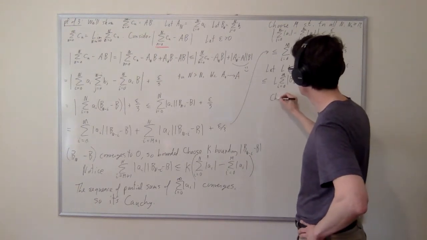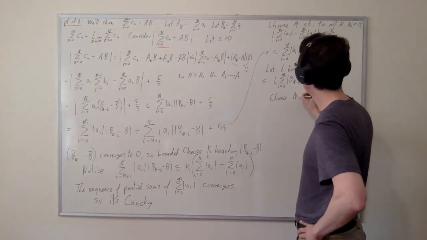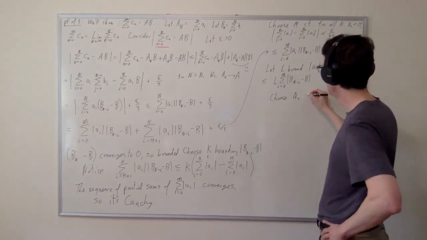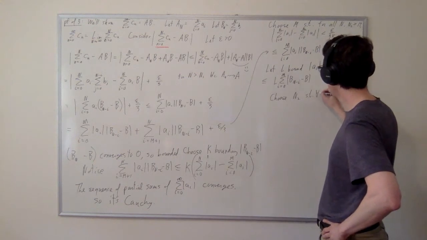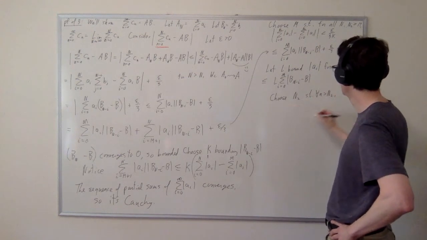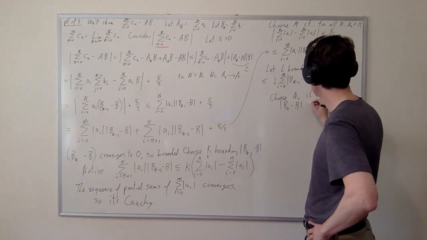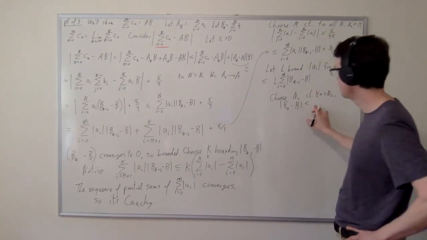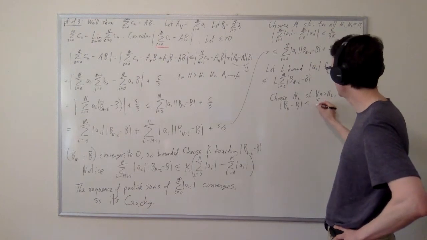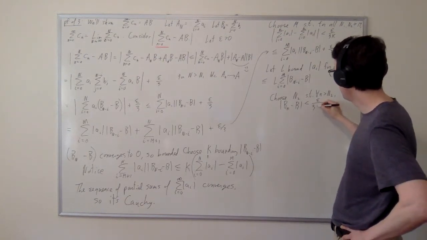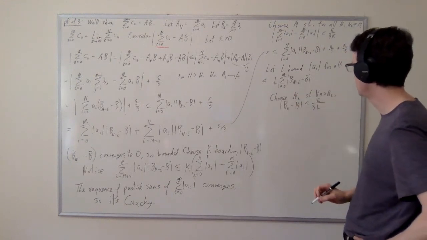What we're going to do is choose an n2. I've already got an n1 over there. So I'm going to choose an n2 so that for all n greater than n2, b_n minus b is less than something really, really small. So I'm going to take an epsilon over 3. I'm also going to divide by L because I intend to cancel this bound.